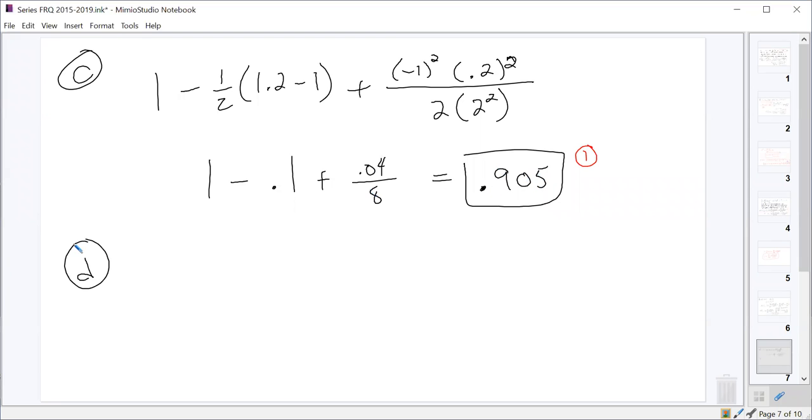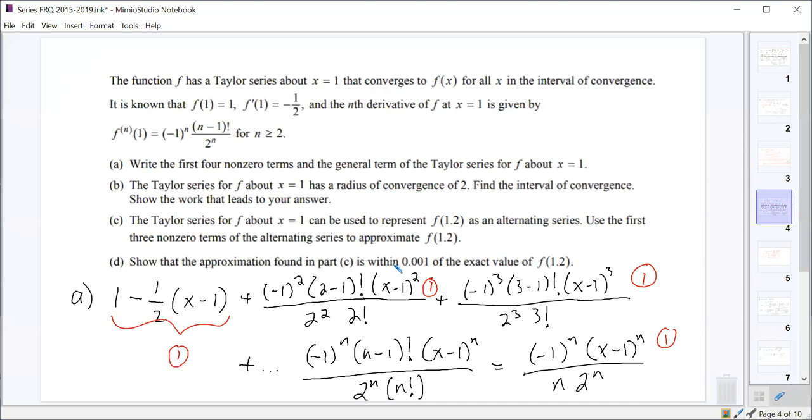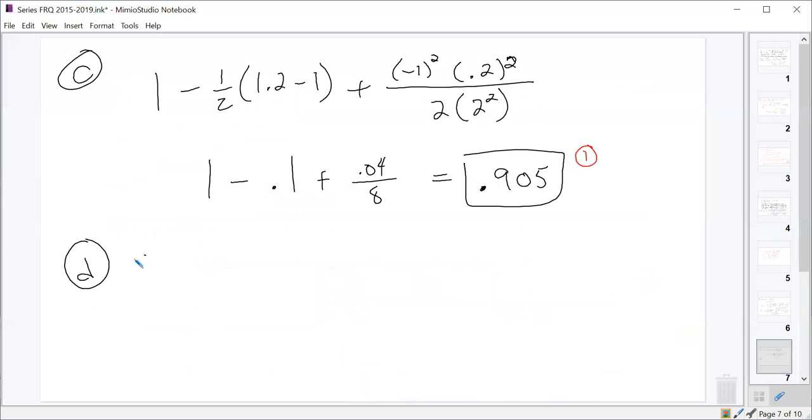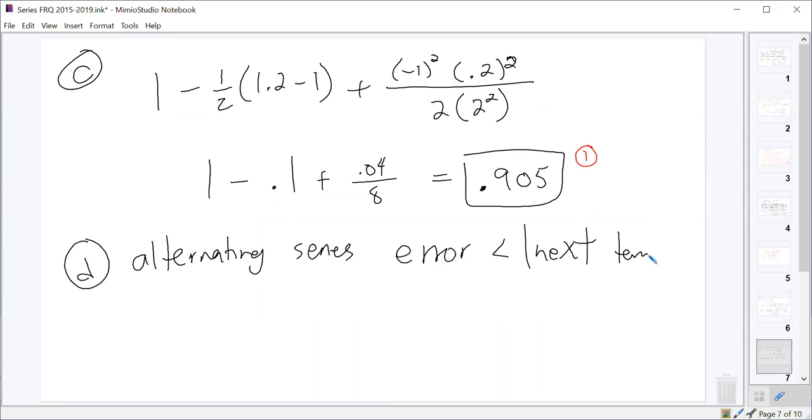And then part D asked us to show that our approximation is within 0.001. Well, that should be pretty straightforward also, because we know that since this is an alternating series, our error is always less than the absolute value of the next term.